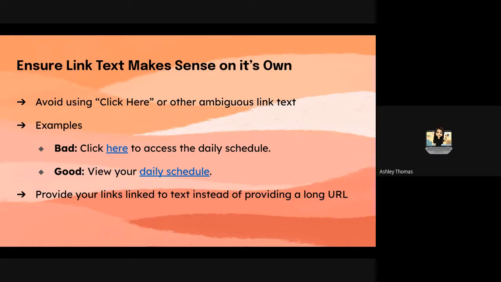Another thing that is good to get into the habit of doing is providing your links as linked text instead of providing a long URL. So for example, if there's something that I need to purchase assistive technology wise, in the past when I didn't know better, I would just copy that whole long, messy Amazon link to, say, large print keyboard stickers, and I'd email it off to our secretary.